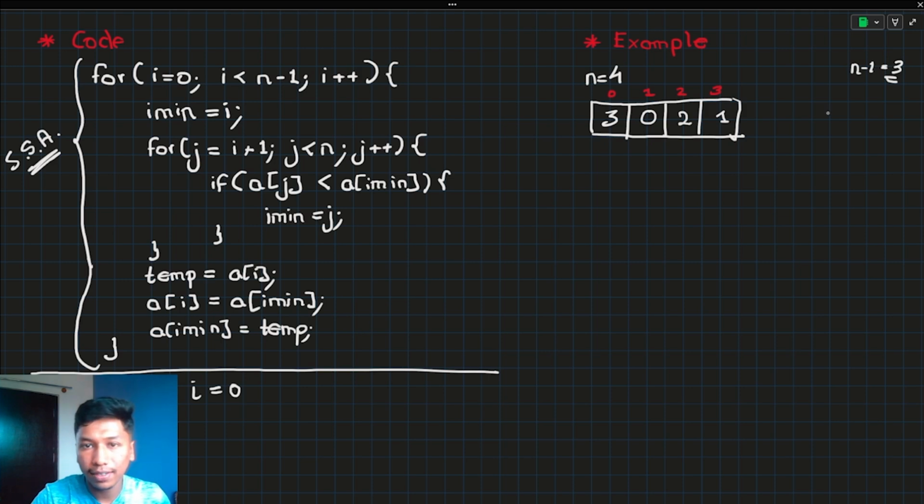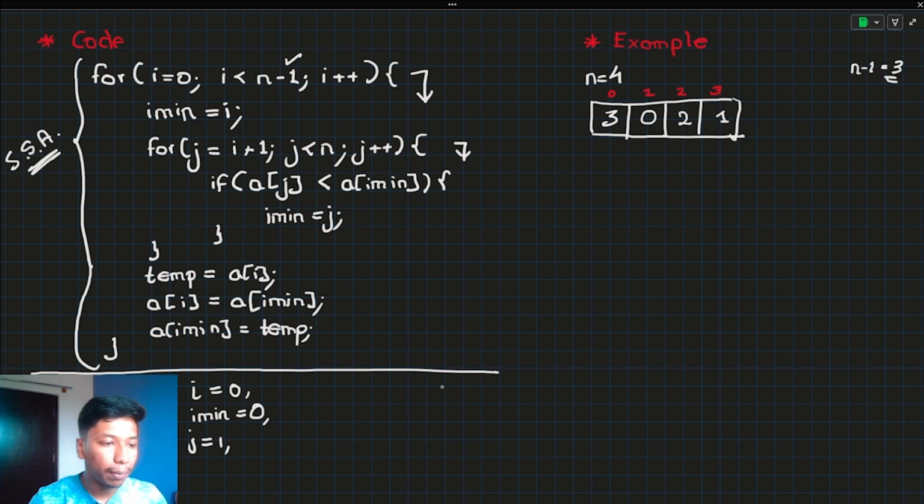Is 0 less than 3? That is true, hence we'll get into the outer for loop. Now I min will be given the value 0. After entering the inner for loop, j becomes 0 plus 1, which is 1. Is 1 less than 4? True. We'll enter the inner for loop.